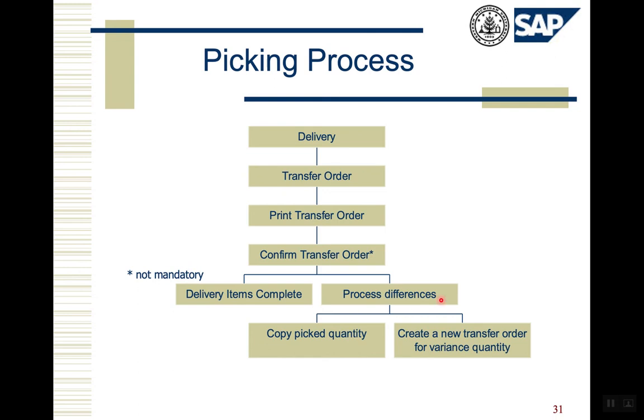Once we have everything gathered together, we can do our delivery quantity complete, or if there are differences, we create a transfer order for the variance quantity. All of this assumes an end-to-end perfect order, from step A to step Z.